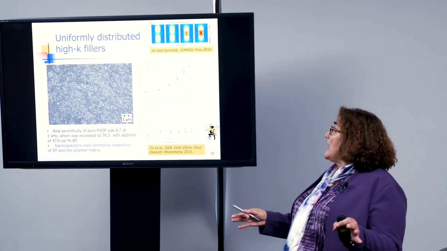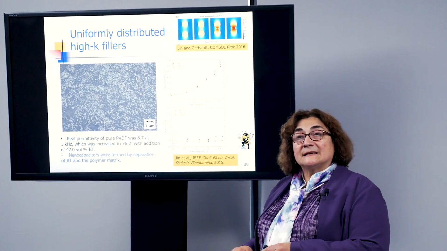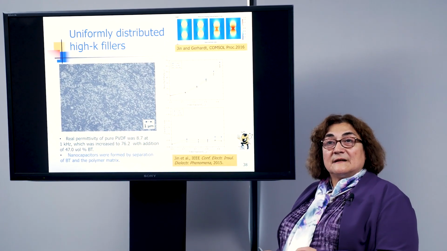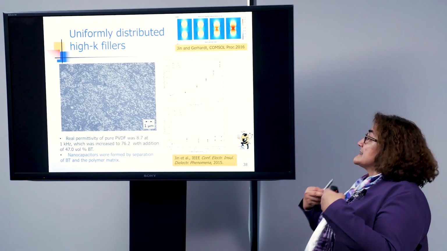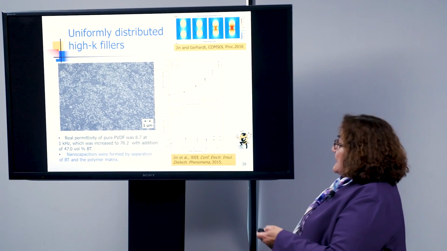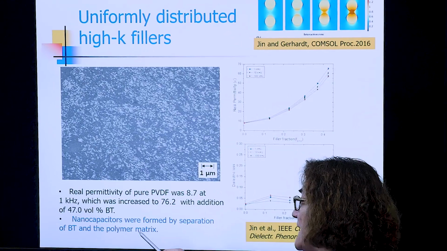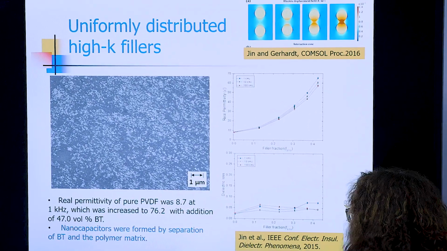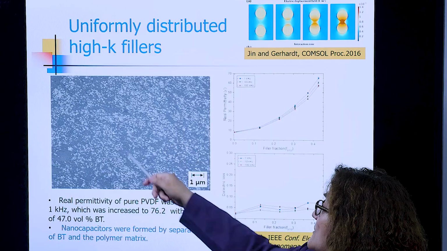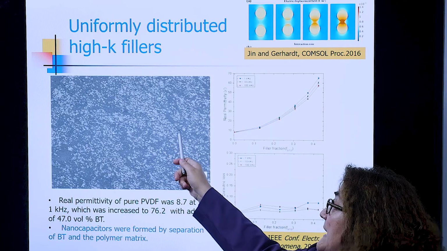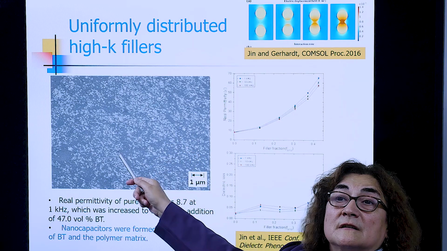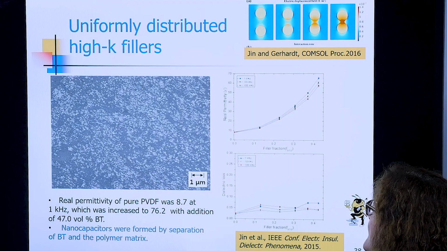We start with a polymer, and we're going to add high dielectric constant fillers to increase its dielectric properties. And so this was actually originally done for an IEEE conference back in 2015. And the dark region is PVDF, and the light regions are barium titanate nanoparticles.